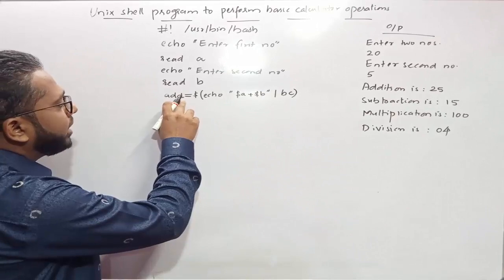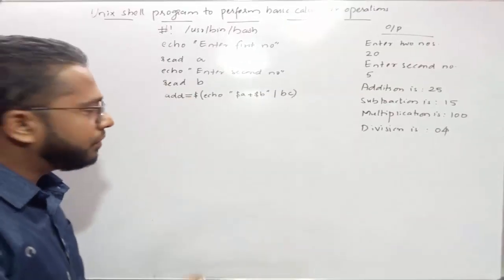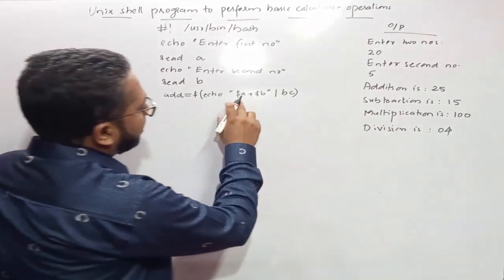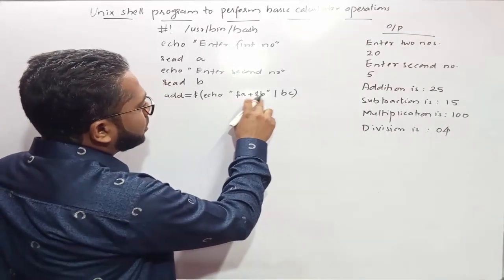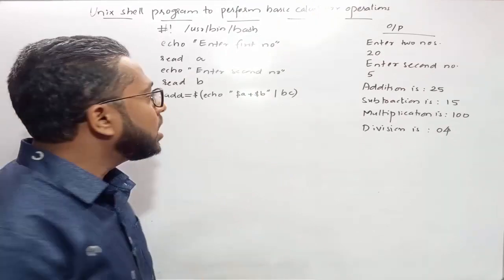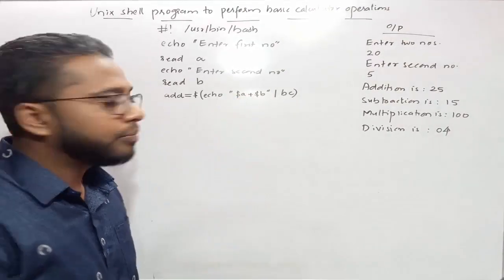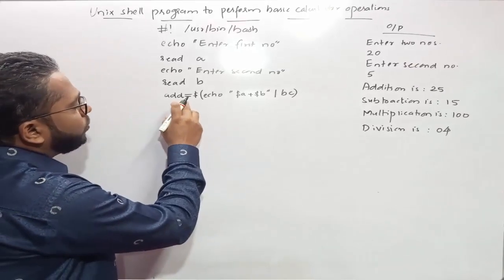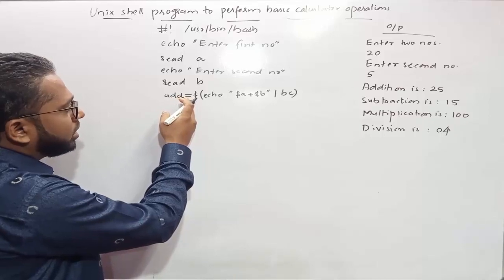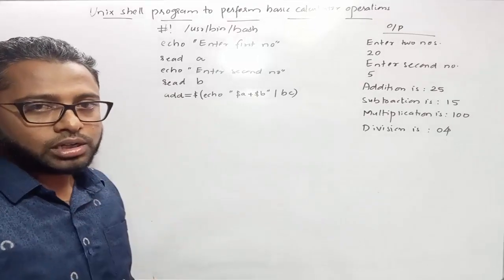Okay, there should not be any space before and after the assignment operator. If you give space, you will notice an error. Okay, and then here dollar a plus dollar b. Whenever you use your variables inside some expression, you must prefix your variables with the dollar symbol. And the variables you use on the left side of the assignment operator do not need the dollar symbol prefix.